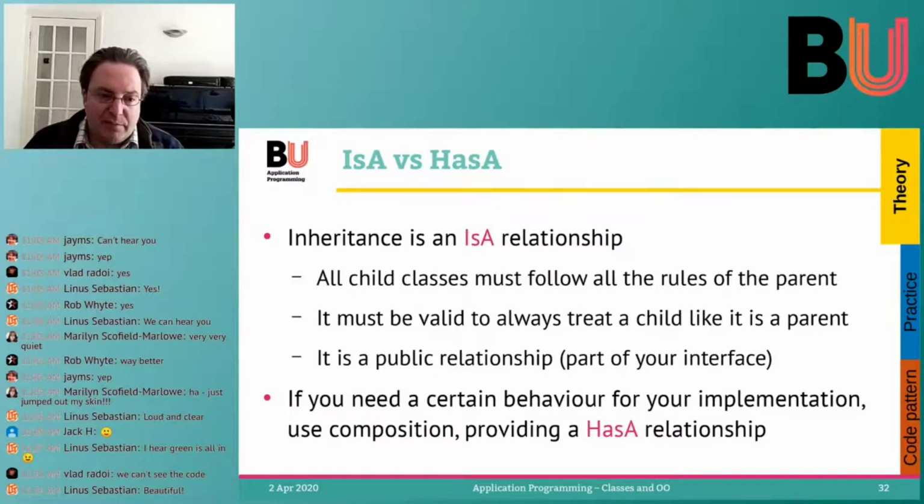When we have inheritance, this is a relationship. Again, I already said so, but a child must follow the rules of the parent. You must always be able to treat a child like it is a parent. And yes, it's a public relationship. The other approach is something called composition. So that is basically the idea where you actually say, I have a relationship.